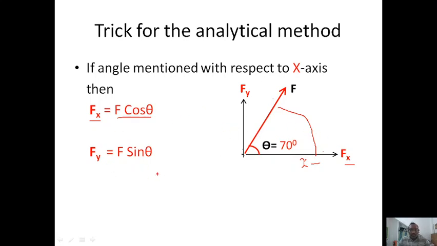For Fy, it is not the adjacent side of theta, hence it is the opposite side of theta. You can draw this diagram like this: F, Fx and Fy.